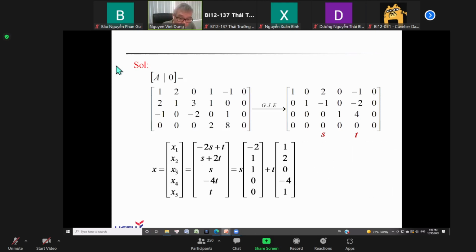Then our solution will have the third and the fifth as free variables, and the other variables can be solved in terms of s and t. Finally, our solution will be s times that vector plus t times this vector. That means this vector and that vector make a basis for the kernel of T, or the basis for the solution set of the system of linear equations.